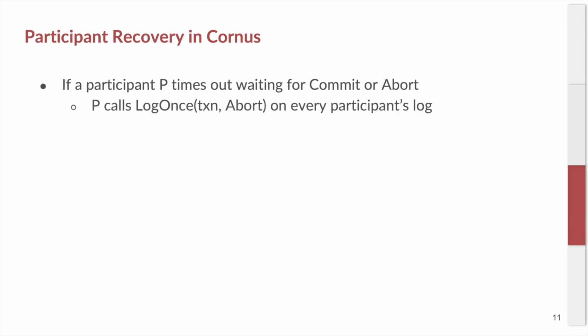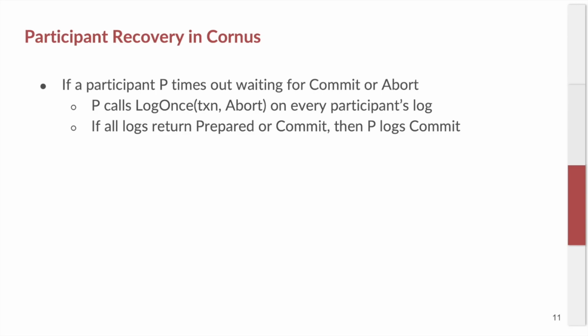To summarize the participant recovery in Cornice, when a participant times out waiting for commit or abort, the participant can call log_once on every participant's log and try to abort whenever the transaction state is null.